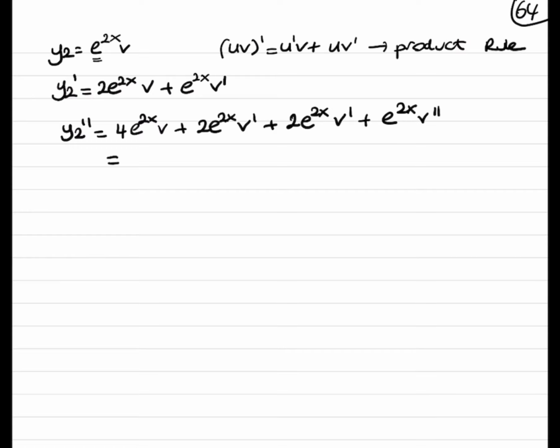We can simplify this as 4 e to the power 2x v plus 4 e to the power 2x v prime plus e to the power 2x v double prime.